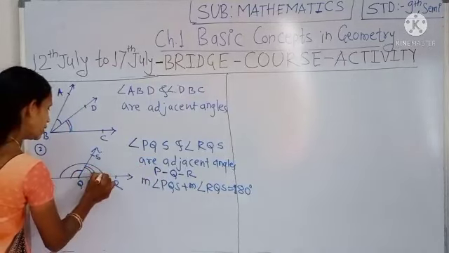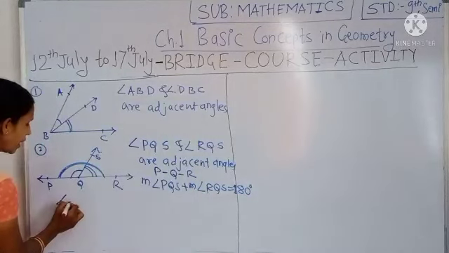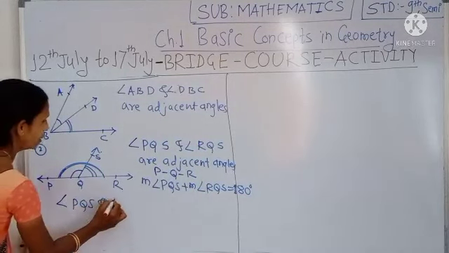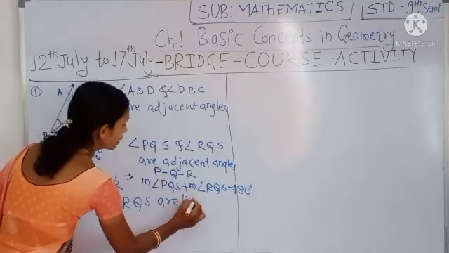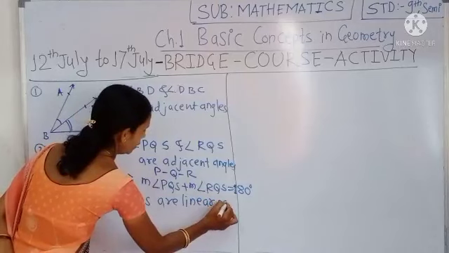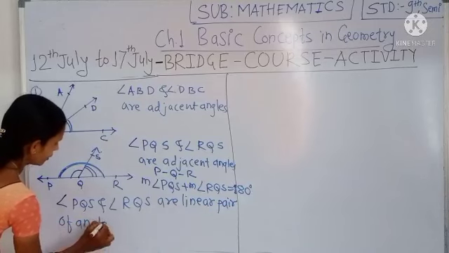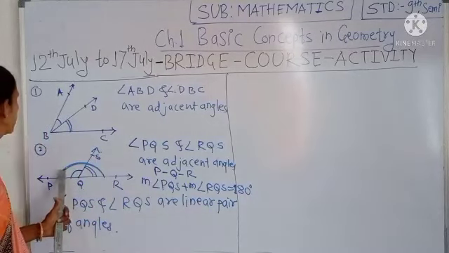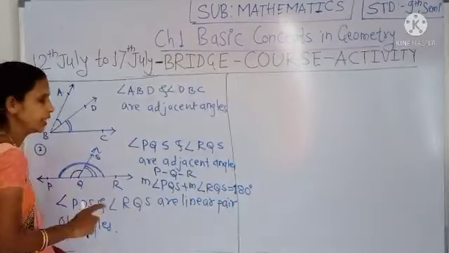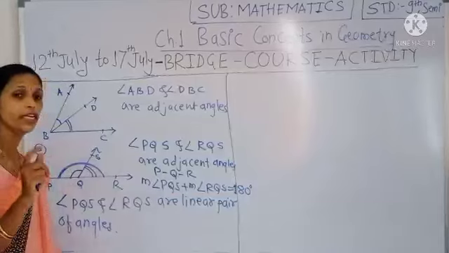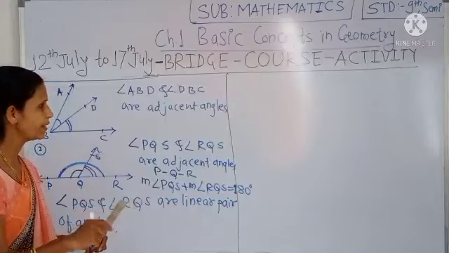Therefore, that total angle is of 180 degree. That means angle PQS and angle RQS are a linear pair of angles. If the sum of two adjacent angles is 180 degree, then those angles are a linear pair of angles. All of you have studied that in previous standard.